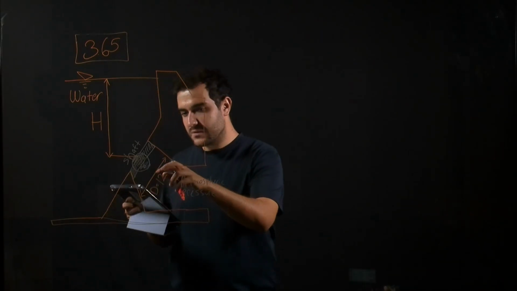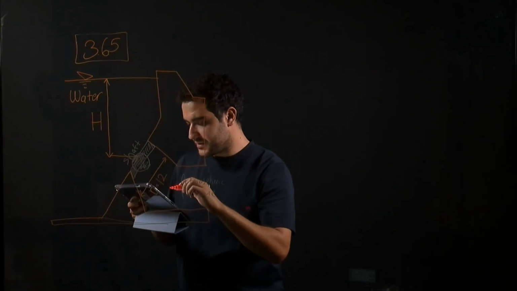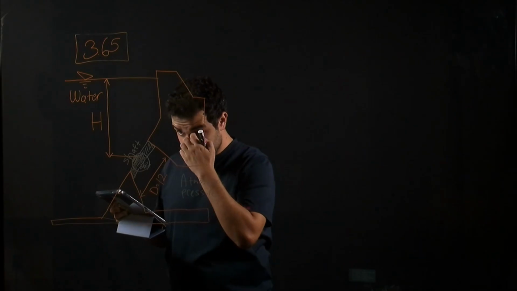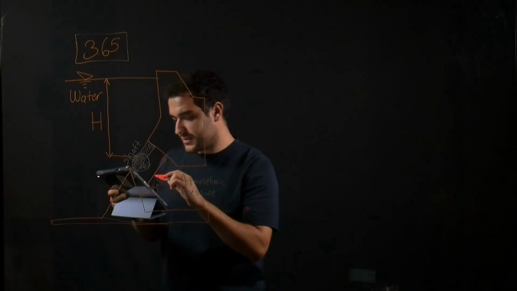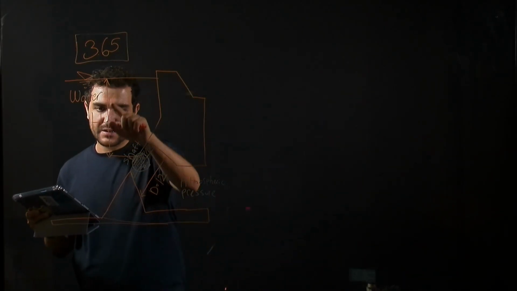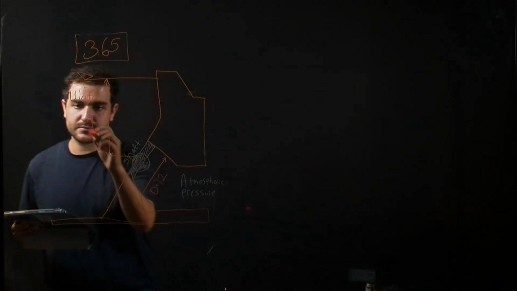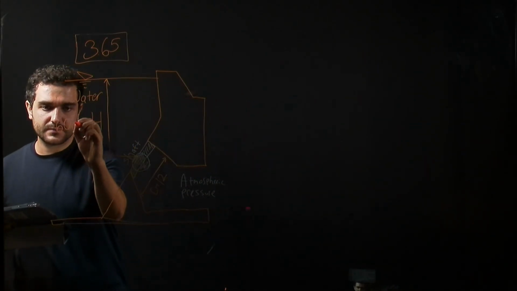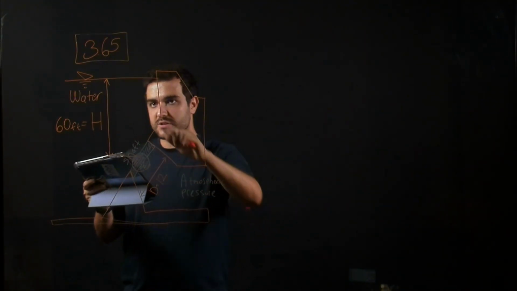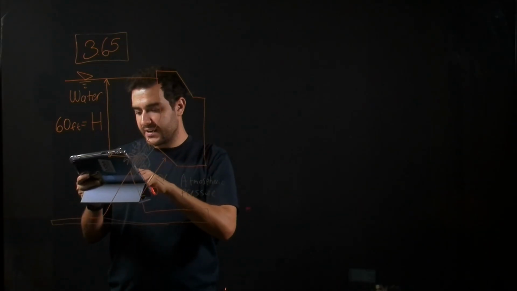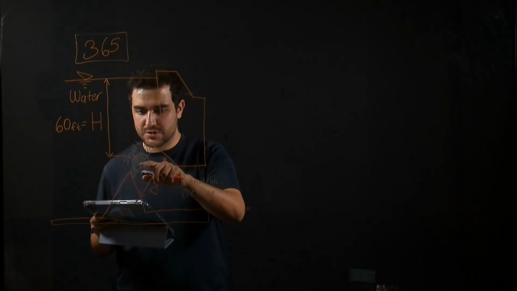In the position shown, the valve is closed, and the valve is supported by a horizontal shaft through its center. So we have a shaft here. The shaft is located at H, which is 60 feet in the question, below the water surface, and we need to find the torque that would have to be applied to the shaft to hold the valve in the position shown.